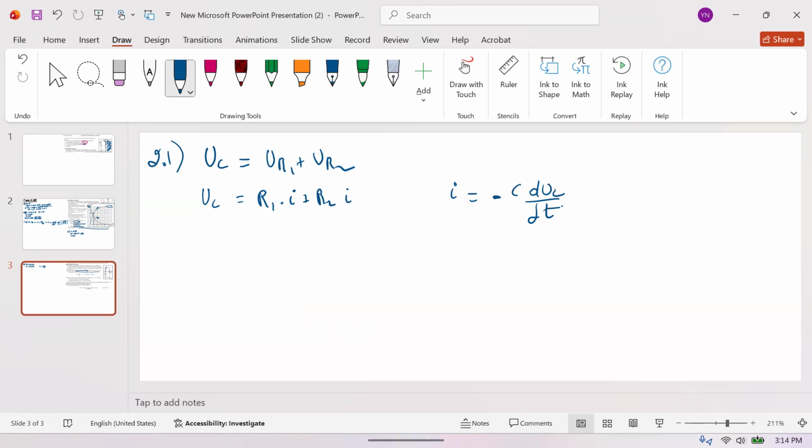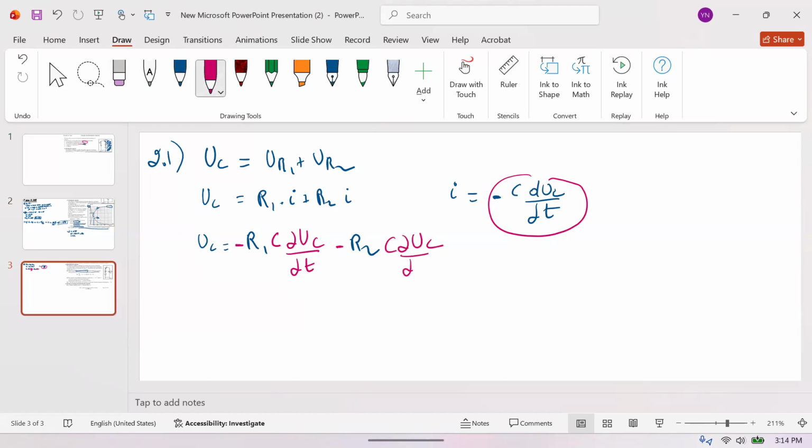So I have to say UC equals R1, and instead of i I put the new formula here, with the minus just before, so I don't confuse between R1 and C. C dUc over dt plus R2, and I replace i by its value, with a minus before, and C dUc over dt.